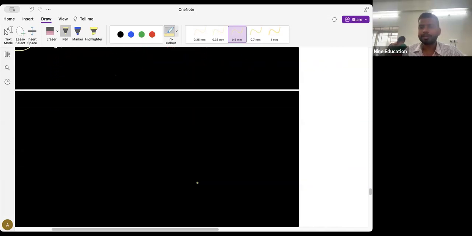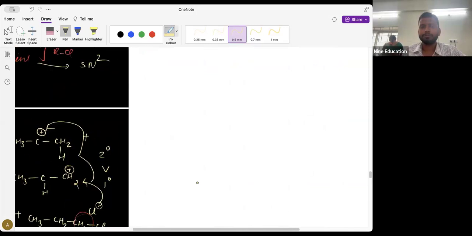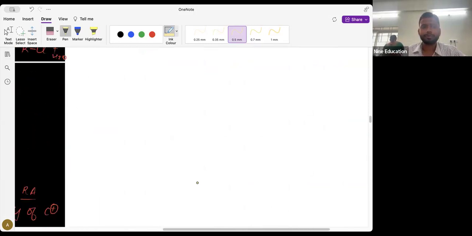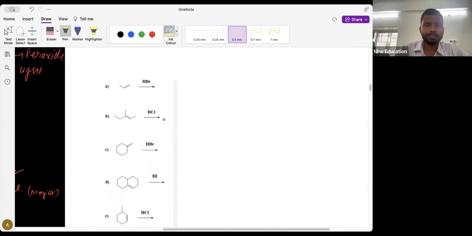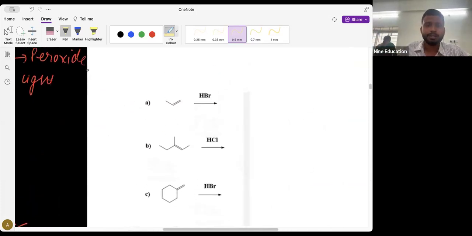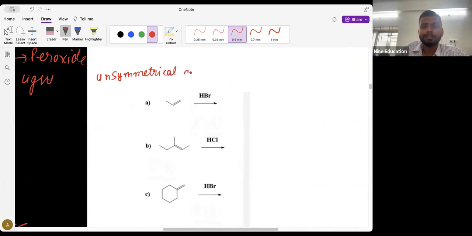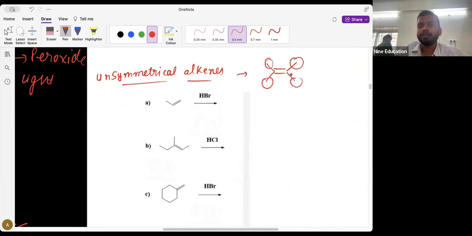One more example देखें अगर, let's say these examples I have. देखें, let's say we have unsymmetrical alkenes. What are these unsymmetrical alkenes? जिस alkene के substituents are different. The alkene substituent should be different.